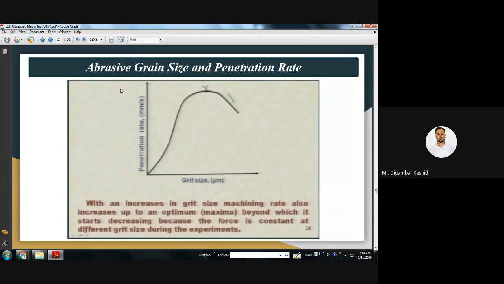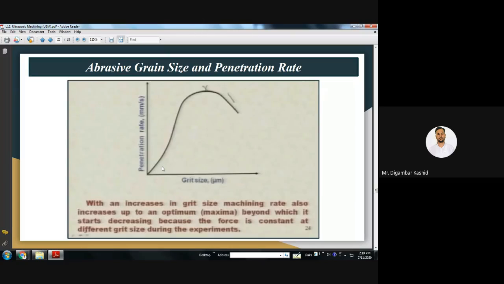Here I have shown grain size, the abrasive grit size, versus penetration rate. Penetration is your machining rate, because both are related to each other. So grain size or grit size is another important parameter which affects the penetration rate.